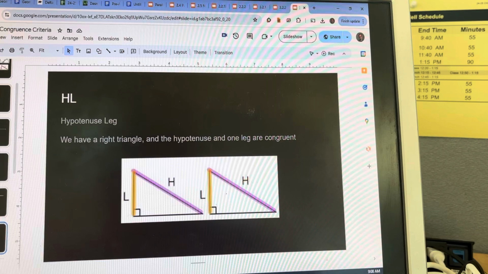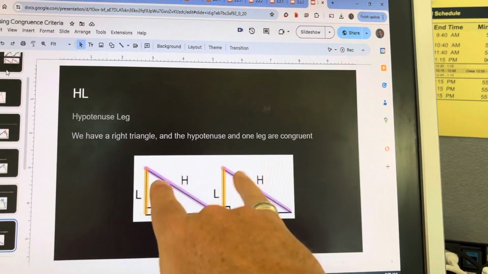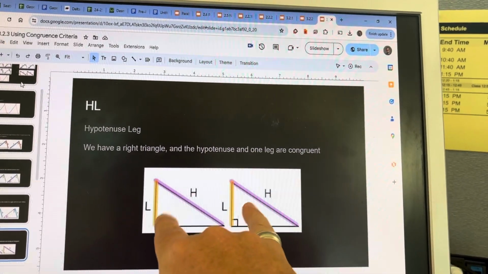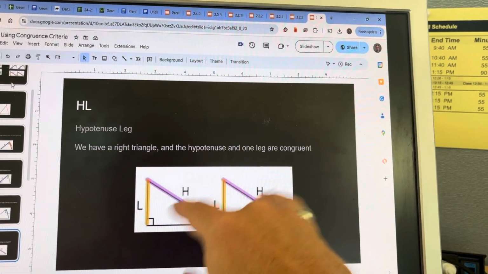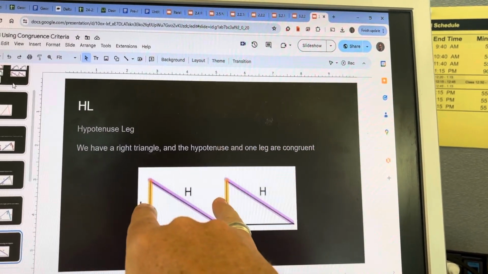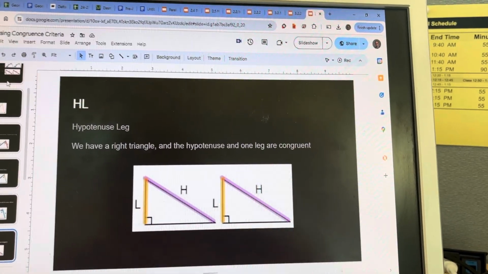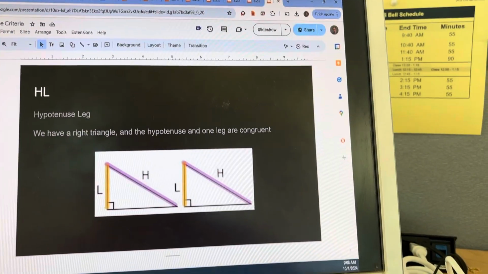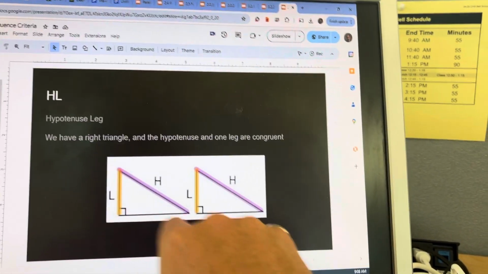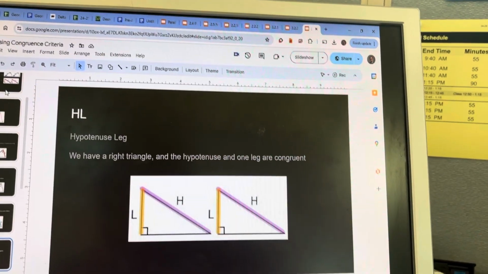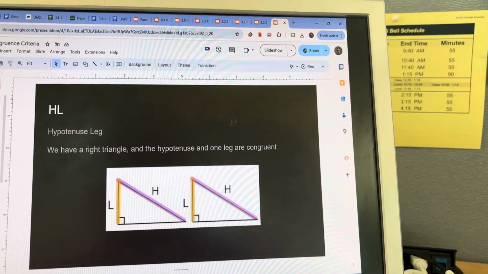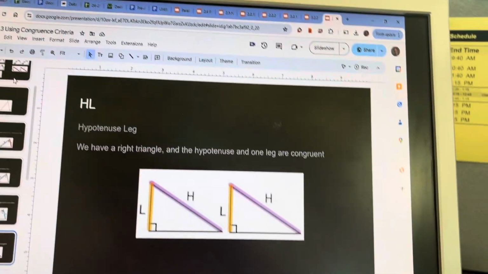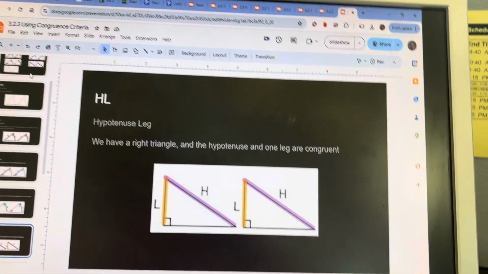This is basically the same as side, side, side, because for these, the Pythagorean theorem is going to come into effect, and the Pythagorean theorem only works on right triangles. So if we take the Pythagorean theorem and work through it, this third side is going to mathematically be the same. If we had the other leg there, we could just say side, angle, side and not do any calculations, but with hypotenuse leg, we can use the Pythagorean theorem and say this is the same as side, side, side. All of these are going to be congruent.